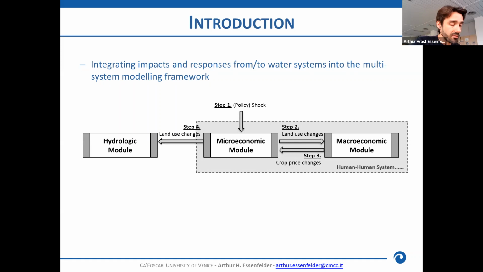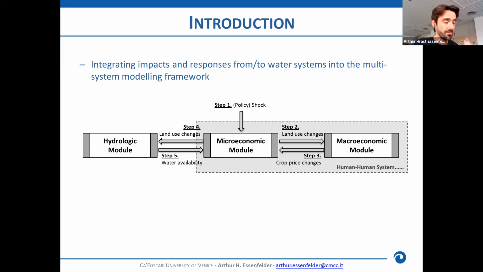However, these changes in the way that farmers think and interact with their land can also lead to changes in the hydrological system, so in the water system, through land use changes. The way that they decide to manage the land, be it by changing their crop portfolio or changing the way they allocate or use the resources they have available, for instance water resources, can lead to a different response in the hydrological model.